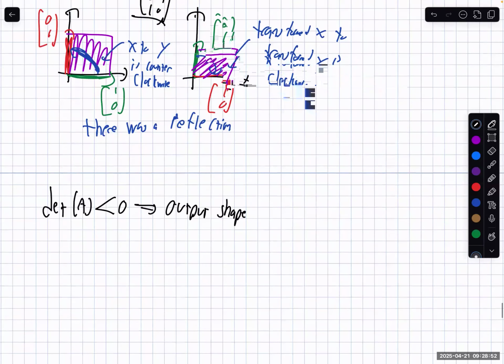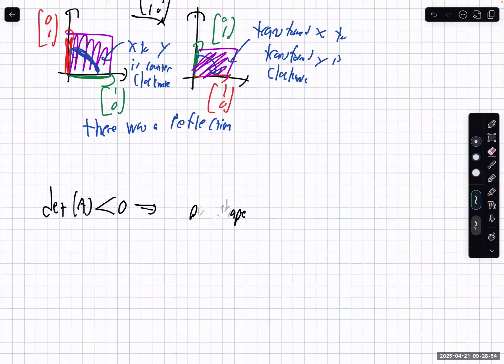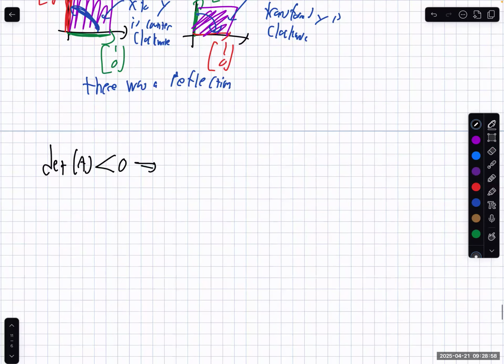I shall write it this way. So if the determinant is negative, the interpretation is that A did an odd number of reflections.